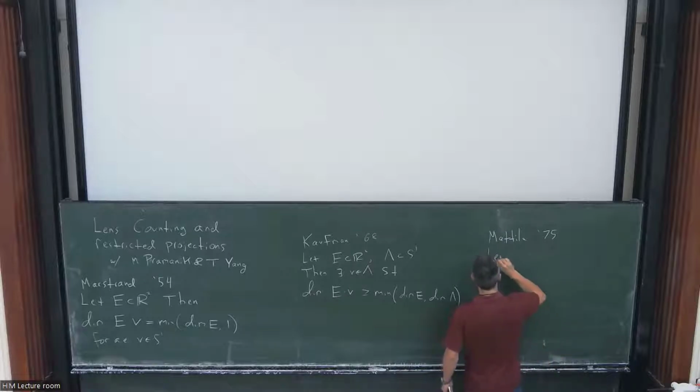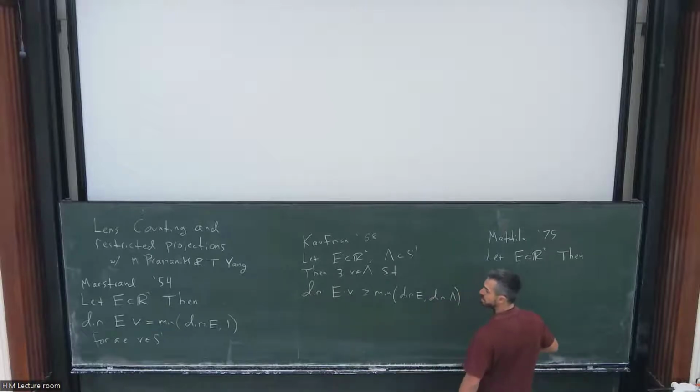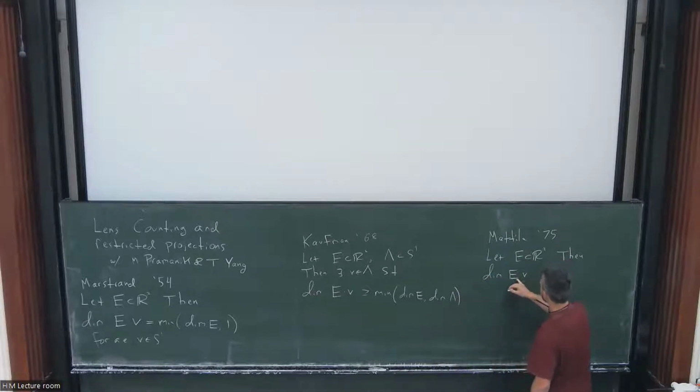So now I'm going to talk about subsets of R3. And so then I want to say something similar. The dimension of the linear projection of E onto V is the minimum of the dimension of E and 1, for almost every V in S2.